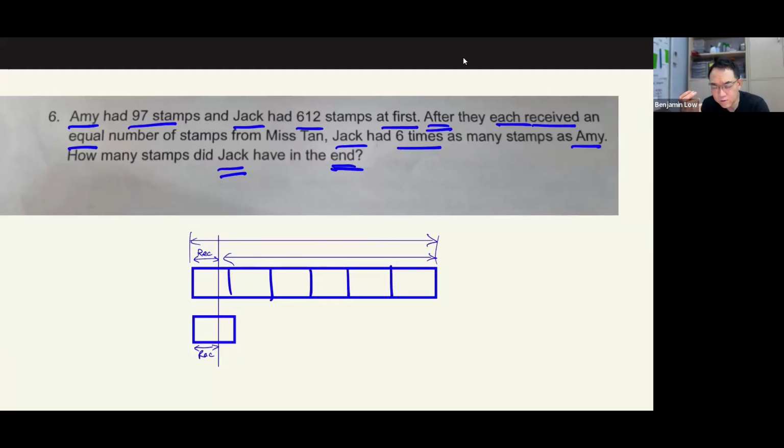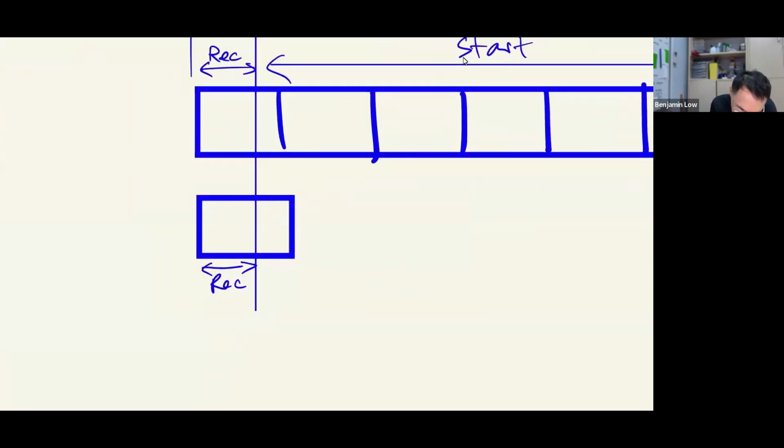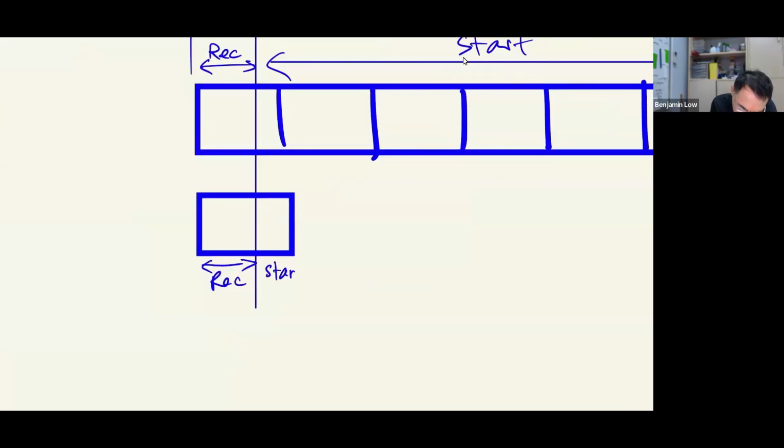So they each receive, they become more, so the start will be shorter, the end will be longer. If that's what you got, then congratulations, well done. So this will be the start, they receive it, and then this is the end. Likewise, this is the start, there was something that was received, and then this is the end.